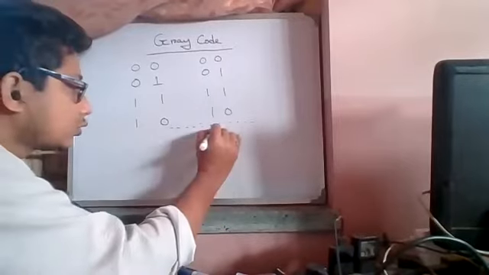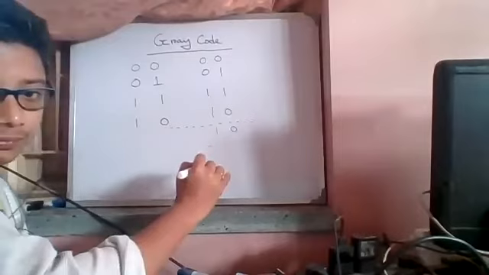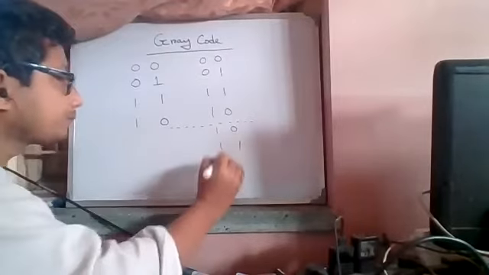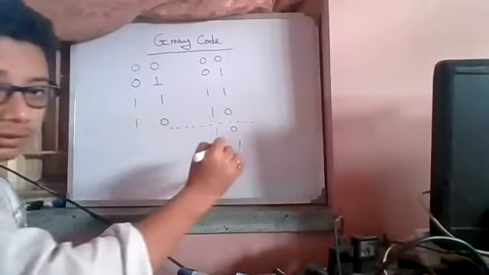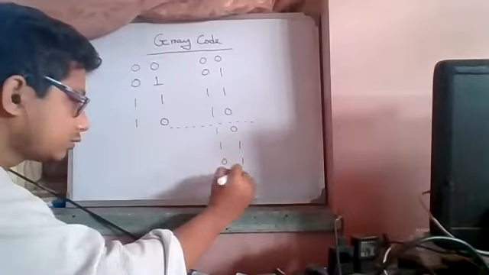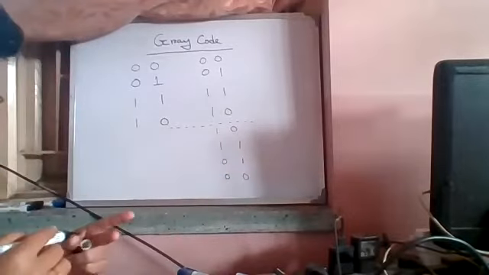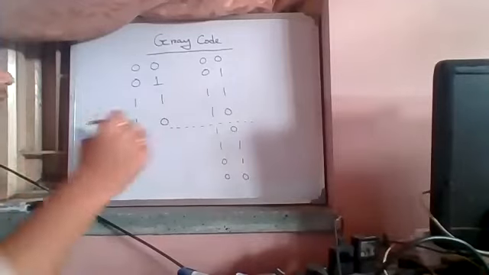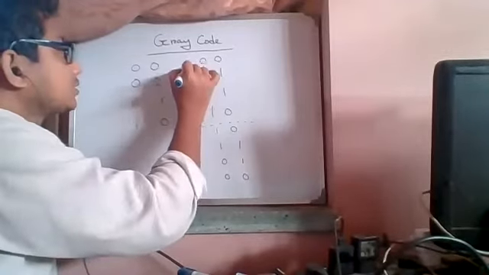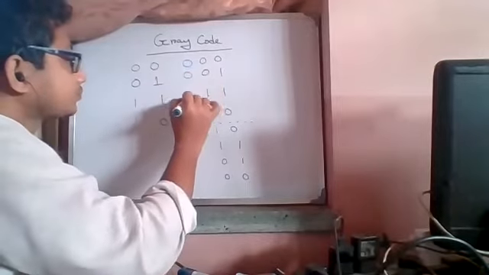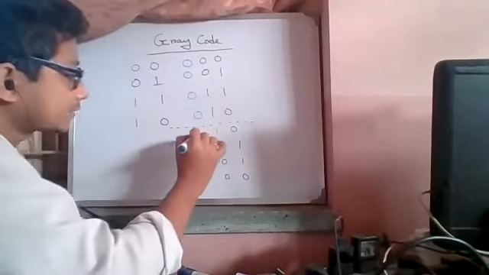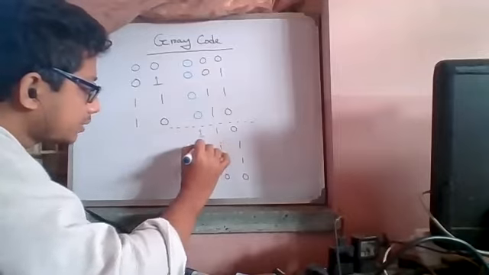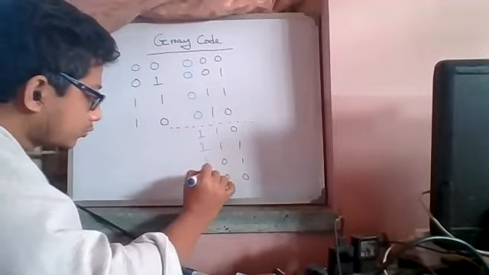That is, over here I will write 1 0, then 1 1, then 0 1, then 0 0. Above the axis as a third bit I will put 0, and below the axis as a third bit I will put 1.